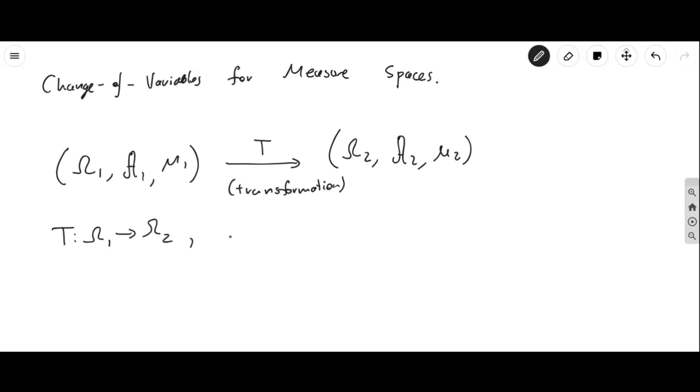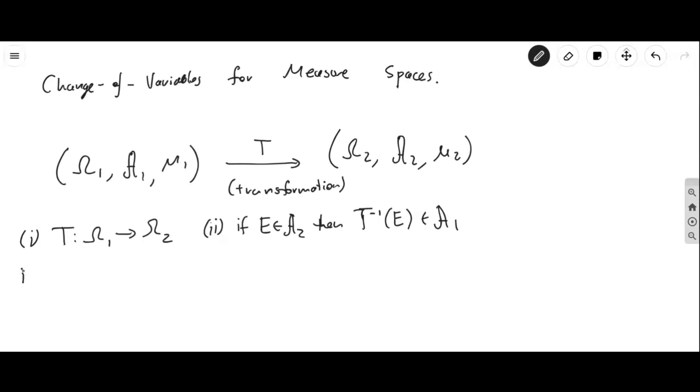The second thing is if we pick an event in the second sigma algebra and we pull it back using T, then we get an event in the first sigma algebra. So it respects the sigma algebras.